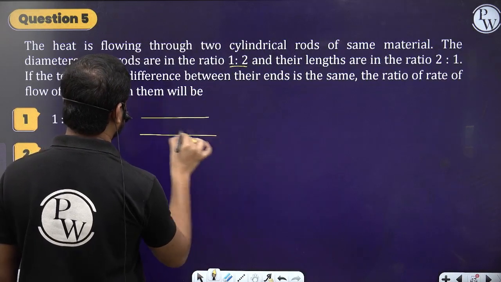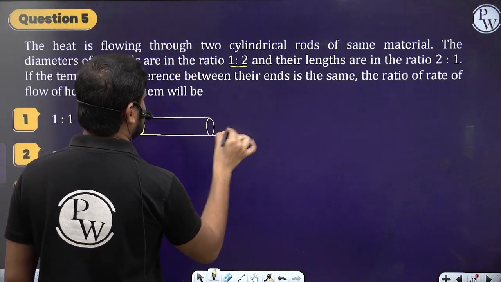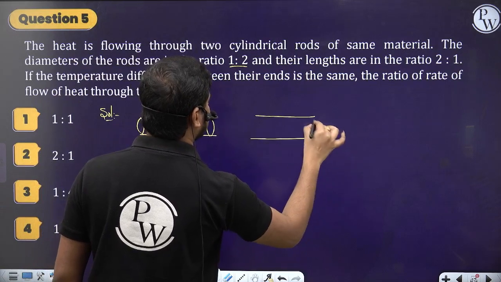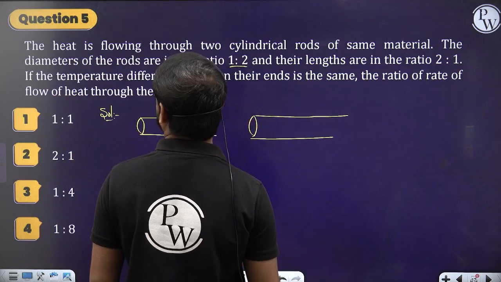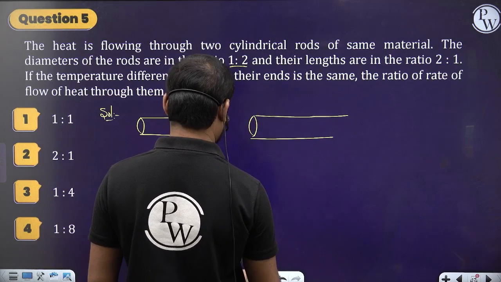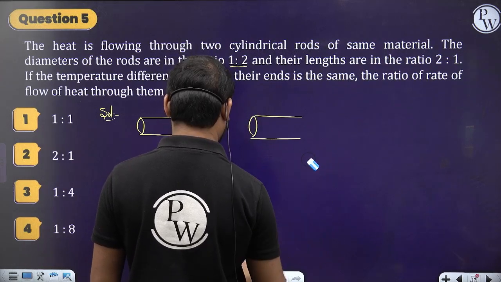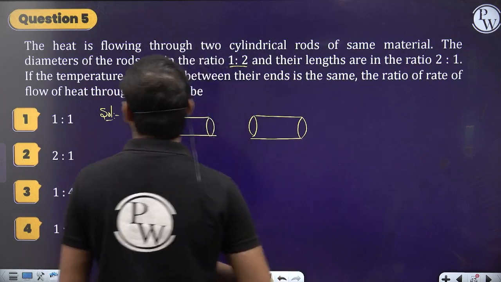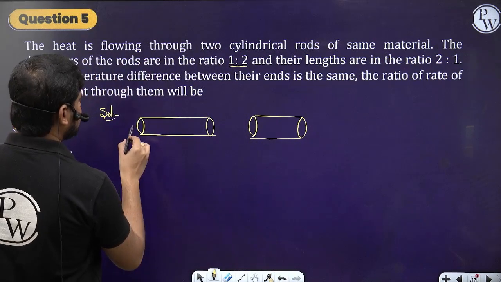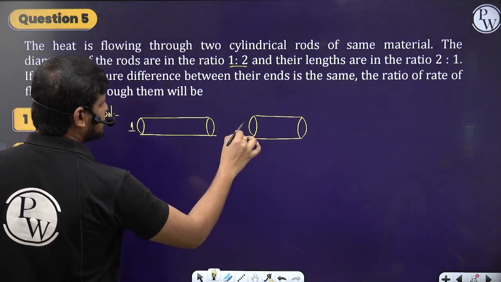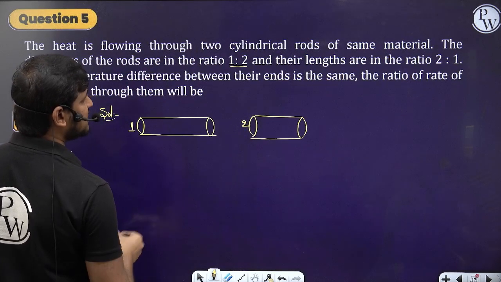Consider this is the first one and this is the second one. The diameters of the rods are in the ratio 1:2, so if its diameter is 1, the other diameter is 2. And their lengths are in the ratio 2:1.